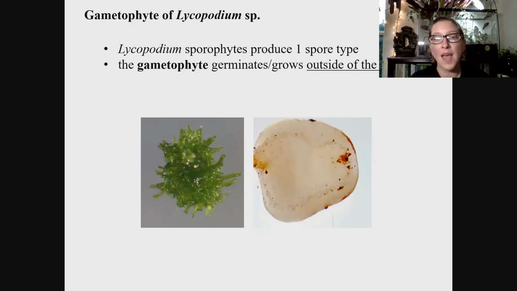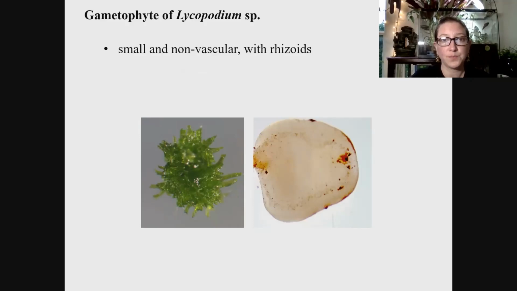That one will have an association with fungus in the soil in order to get nutrients. But either way, those are gametophytes of Lycopodium. Very, very small, smaller than a dime. And note, the gametophyte plants are still non-vascular because they're that small, and they don't live that long.